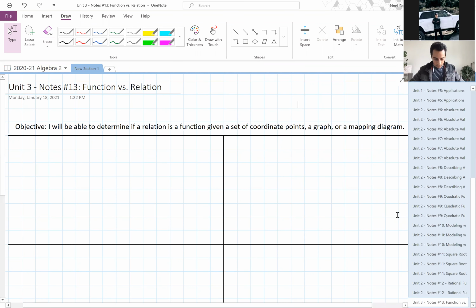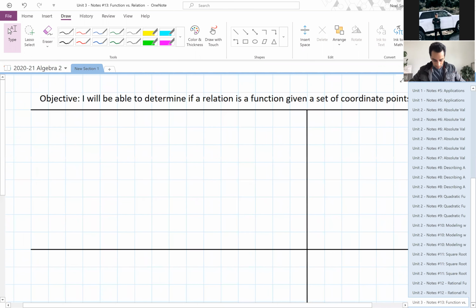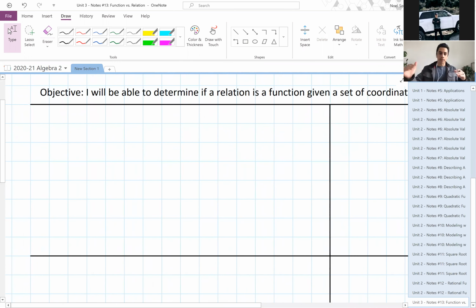All right, so let's begin with the definitions because that's essentially what we need in order to be able to determine which one is which.